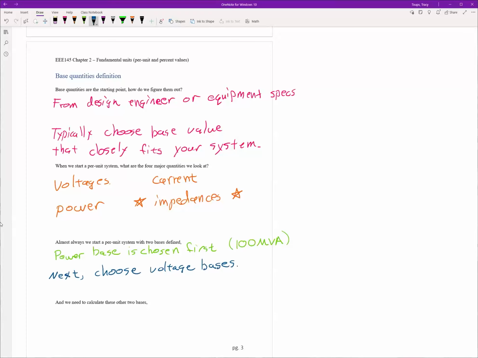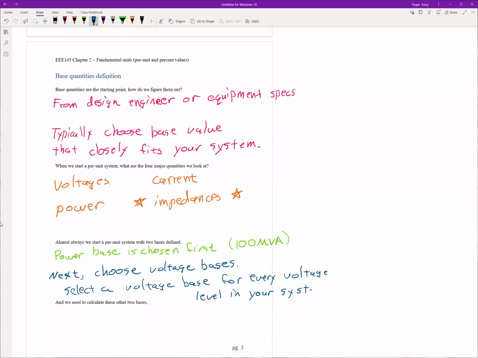Now, what's the rule for this? We'll select a voltage base for every voltage level in your system.